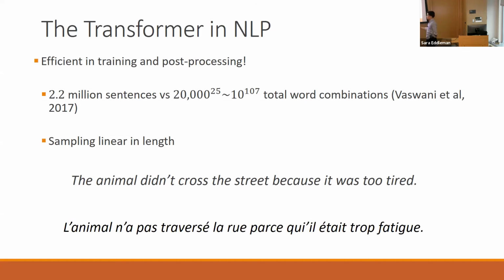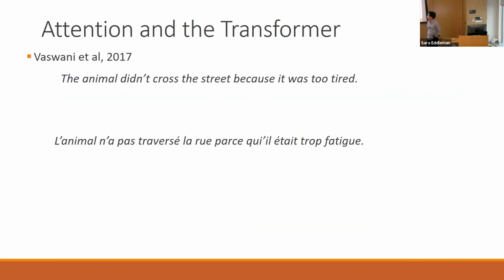And so this is what I mean when I say that the sampling is linear in length, as opposed to taking the English sentence and then scanning the entire range of all possible French sentences to pick the right one, which requires exponential sampling time, and is difficult. It's not practical, rather.